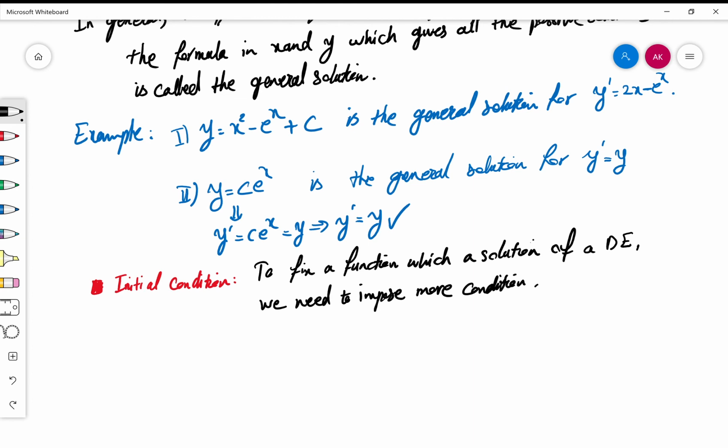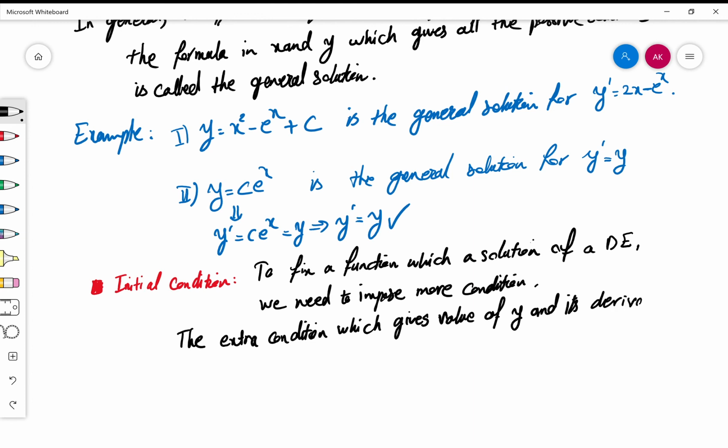The condition which is called initial condition, the extra condition which gives the value of y and its derivatives at a point, is called an initial condition.